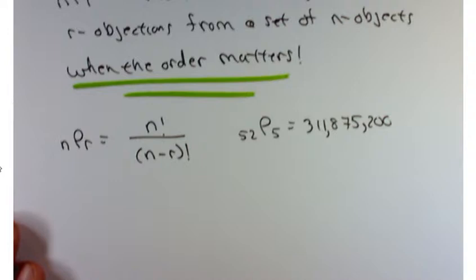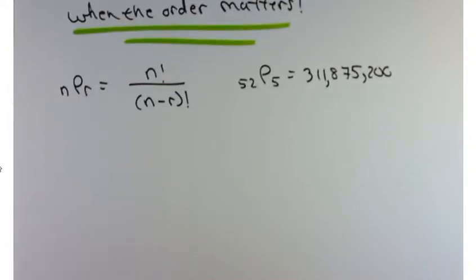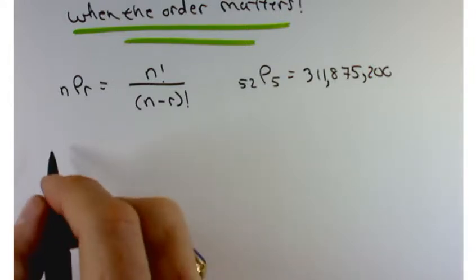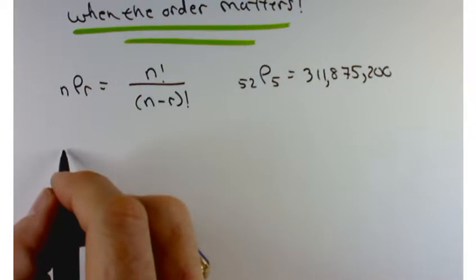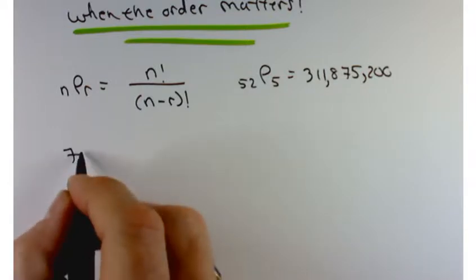I was just curious, just looking at the formulas. So if you were to take the nCr and multiply that by r factorial, would you get the nPr? Yes. So what's happening is let's try and take a small example. Suppose you have, say, 7 objects and you're going to choose 3.